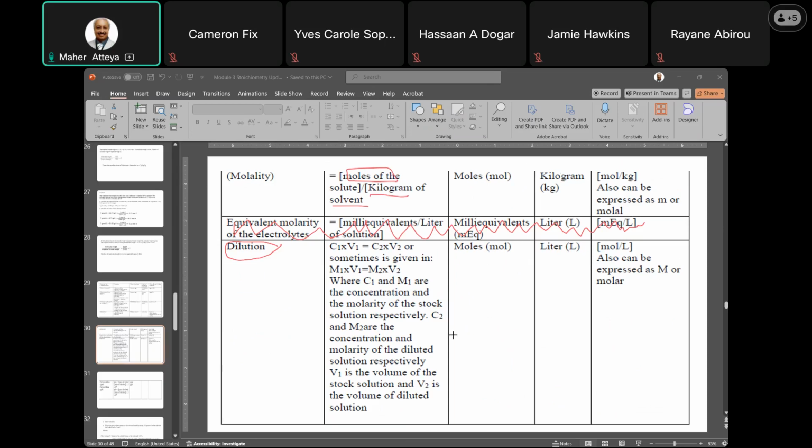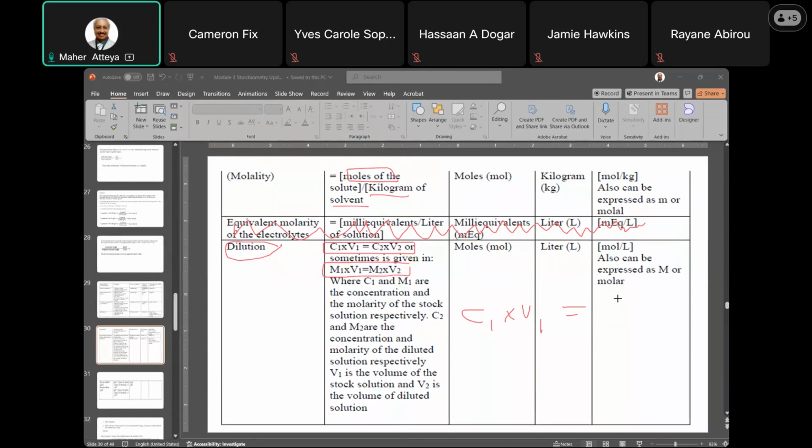And there is a formula for that. You can use C1V1, or you can use M1V1. M for molarity and C for concentration. So you go for the concentration of the most concentrated one, and the volume of the most concentrated one will equal the concentration of the diluted one multiplied by the volume of the diluted one.